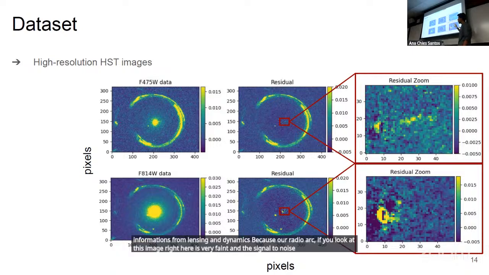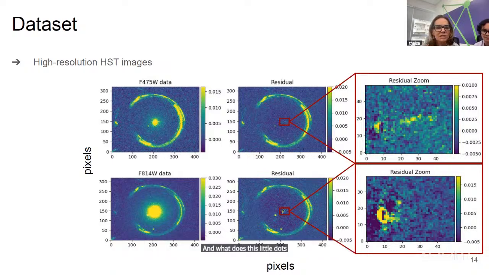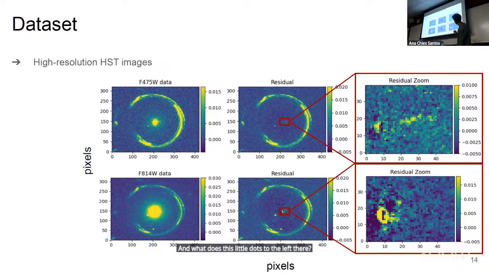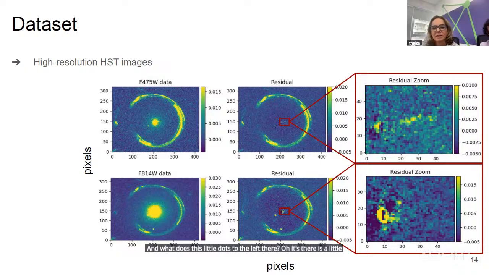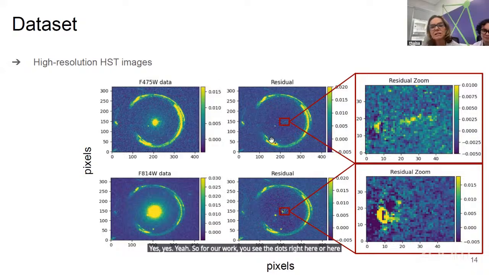And what is the little dot to the left there? Sorry? There is a little dot to the left. Yes. In the residuals. Yeah. For our work, you see the dots right here or here? I mean, even in the residual zoom, you see to the left something. Yeah.